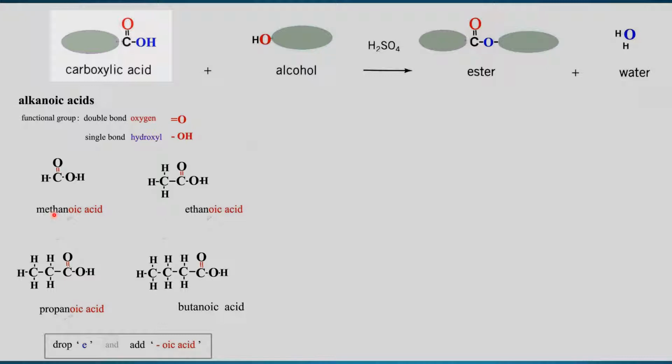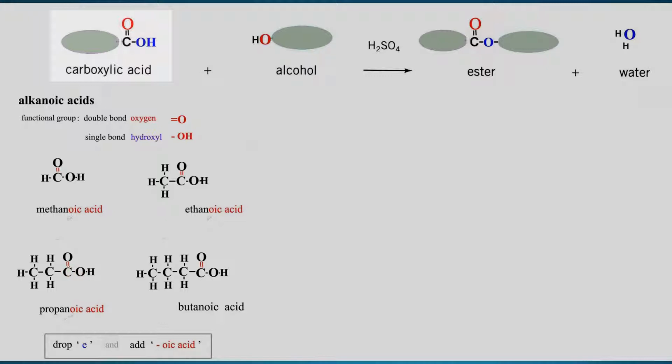Like methanoic acid, 1C, double bond O and a single bond OH. Ethanoic acid has a double bond O and a single bond OH. Propanoic acid, double bond O, single bond OH.